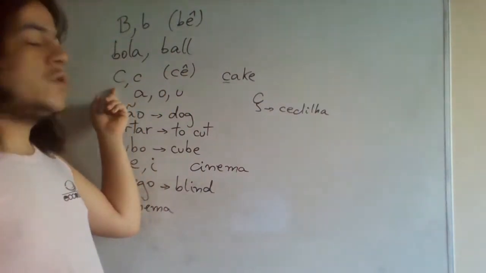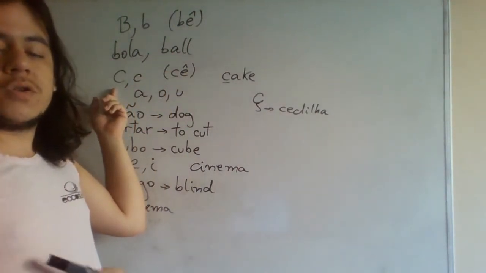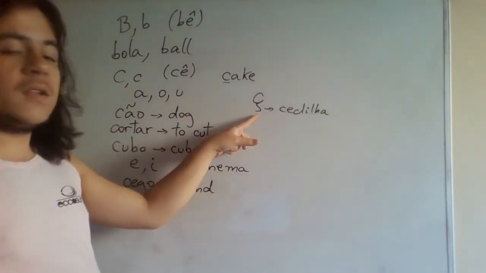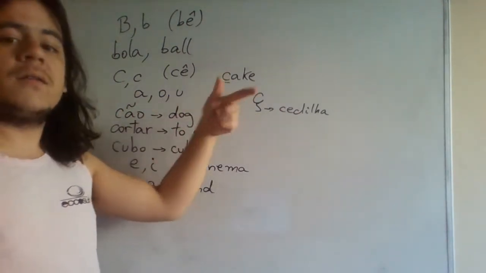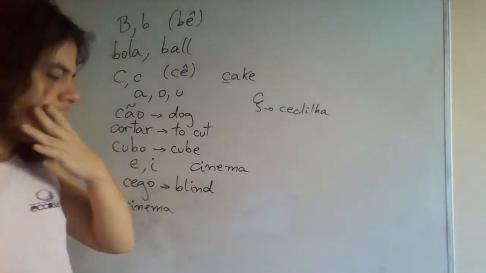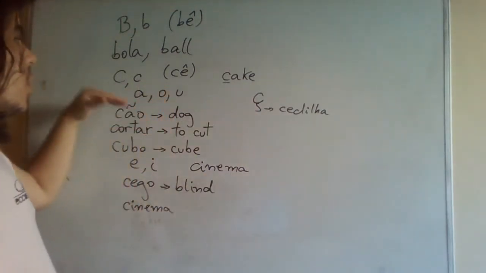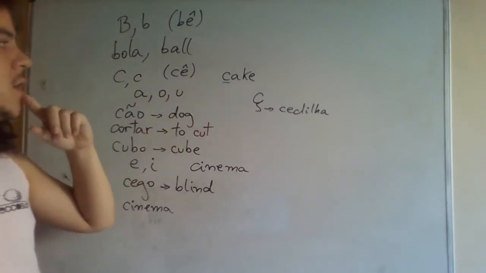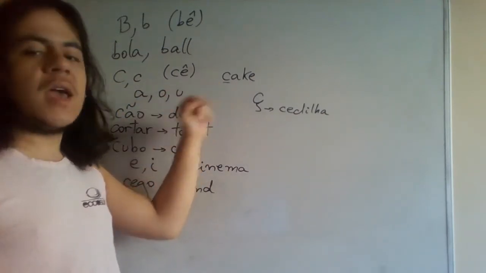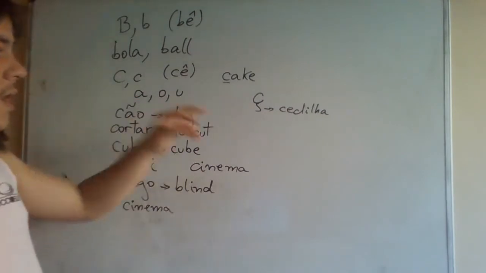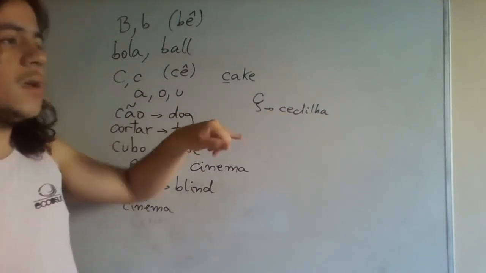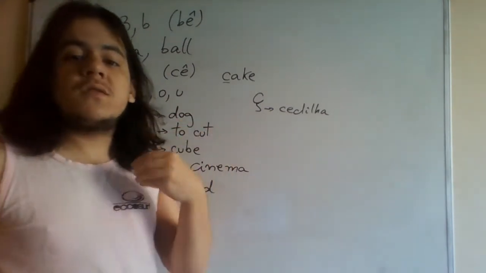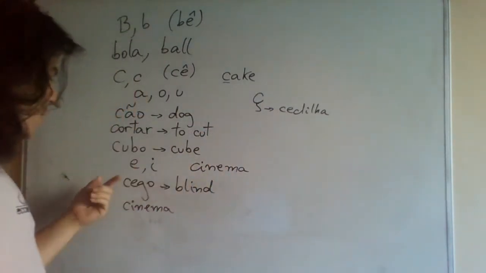We usually call letter C in Portuguese letra C. When letter C has a cedilla, we call it C cedilha. Remember that before letters A, O, and U, the letter C has the cake sound K. When I put the cedilla below letter C, it will make a soft sound like cego.